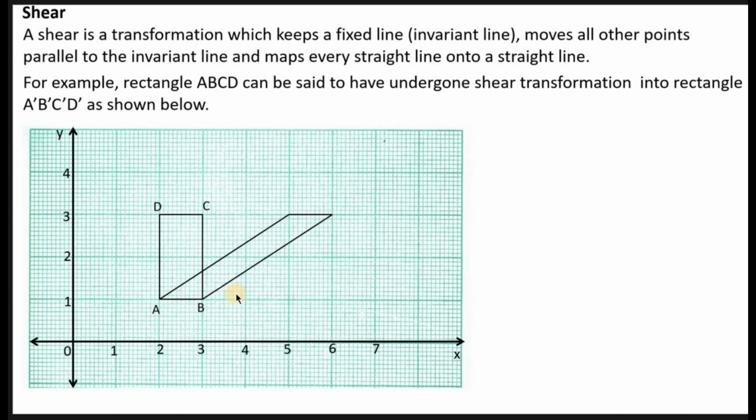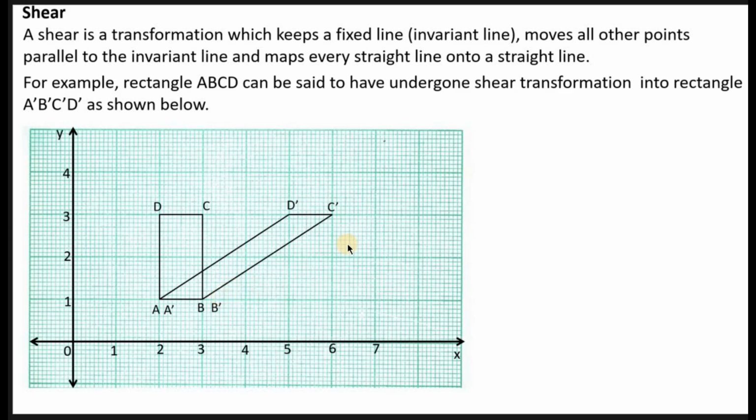Such a transformation is a shear, or we can also say a twist. So this becomes twisted: these remain fixed and these 2 points get moved like that. A prime, B prime, D prime, C prime are the points of the sheared image.